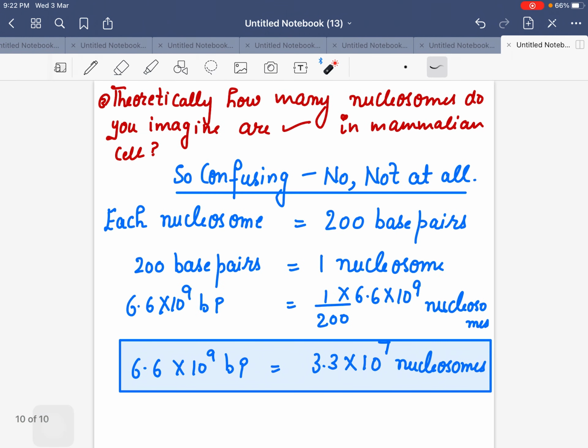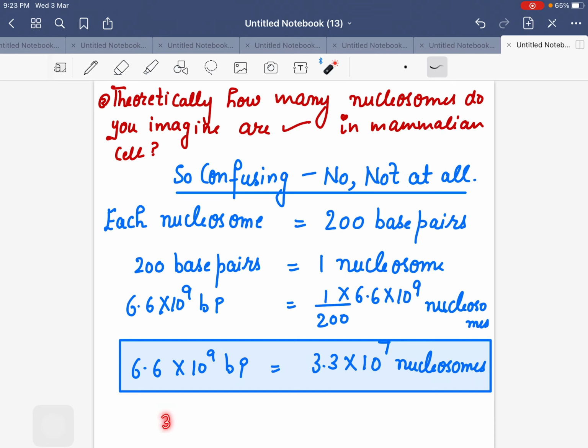Last: theoretically how many nucleosomes, or you can say beads, do you imagine are present in a mammalian cell? Okay, this is not confusing at all. We should know that each nucleosome has 200 base pairs. So can I write 200 base pairs equal to one nucleosome? What is the base pair count of our mammalian cell?